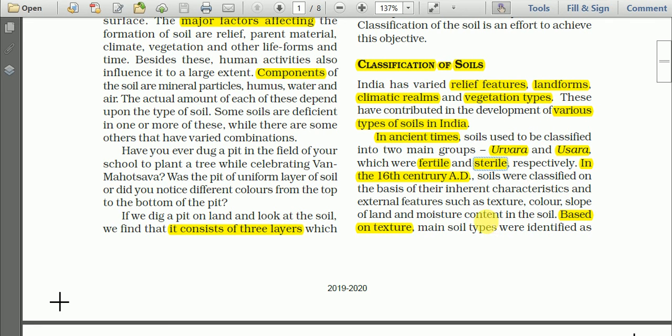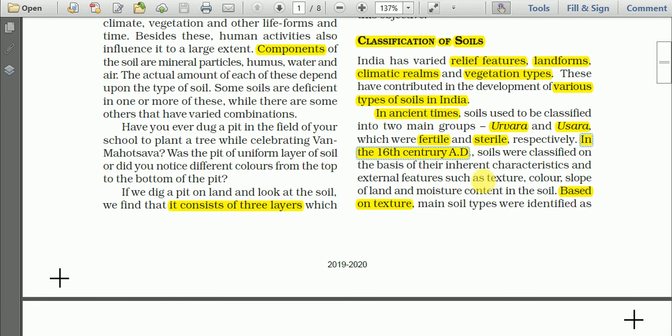In the 16th century AD, soils were classified on the basis of their inherent characteristics and external features such as texture, color, slope of the land, and moisture content in the soil. Texture means the size of the soil grains.